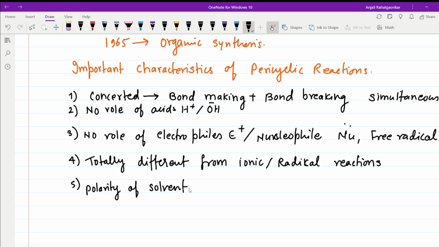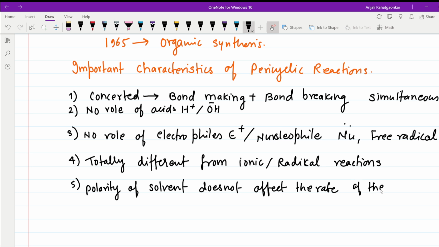So if polar solvent does not affect the rate of reaction, whatever solvents you are using, it does not increase the rate of reaction, nor does it decrease the rate of the reaction.